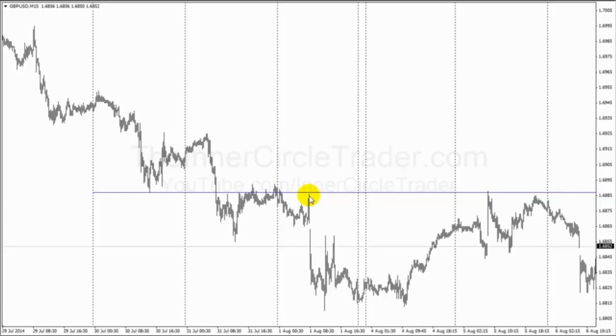Now again, my charts here are GMT obviously, but 7 GMT is equivalent to about 2 a.m. my time in New York, and 9 GMT is about 4 a.m. my time.